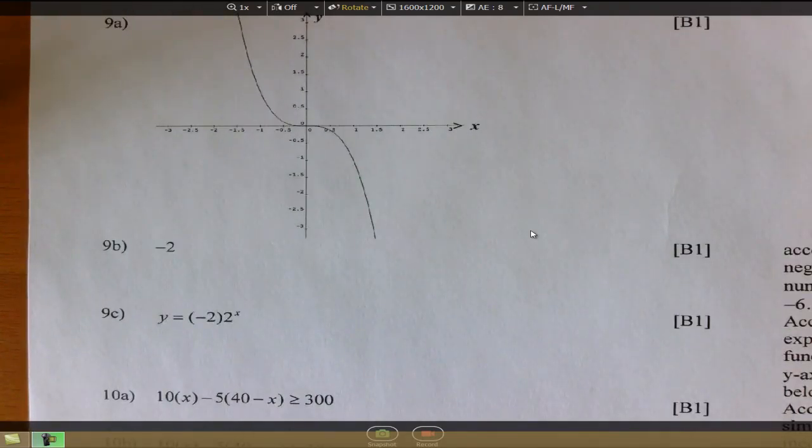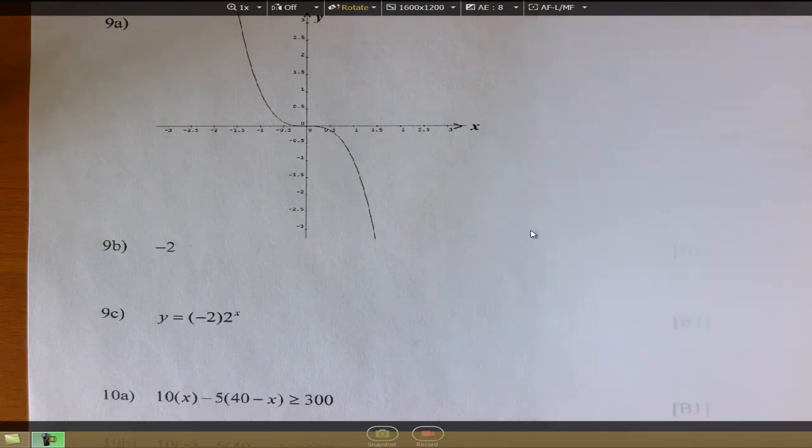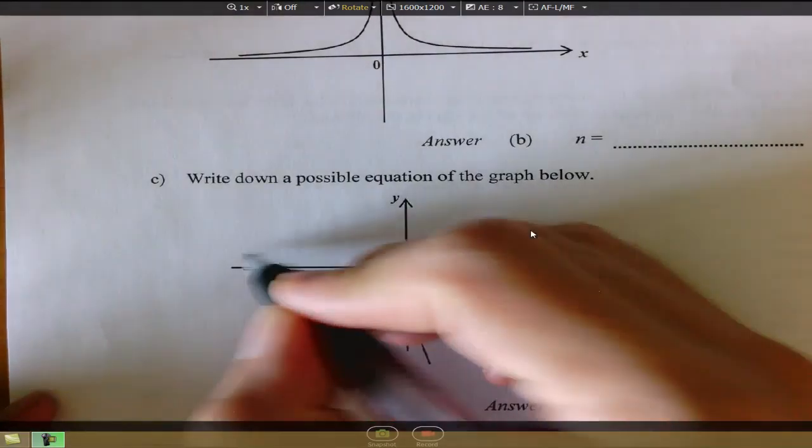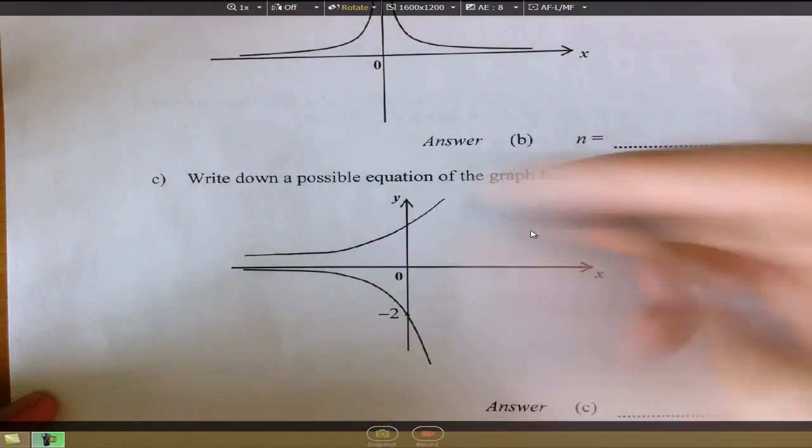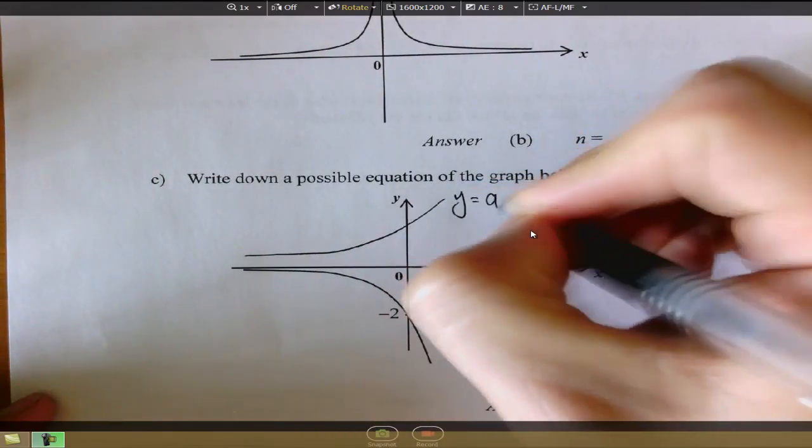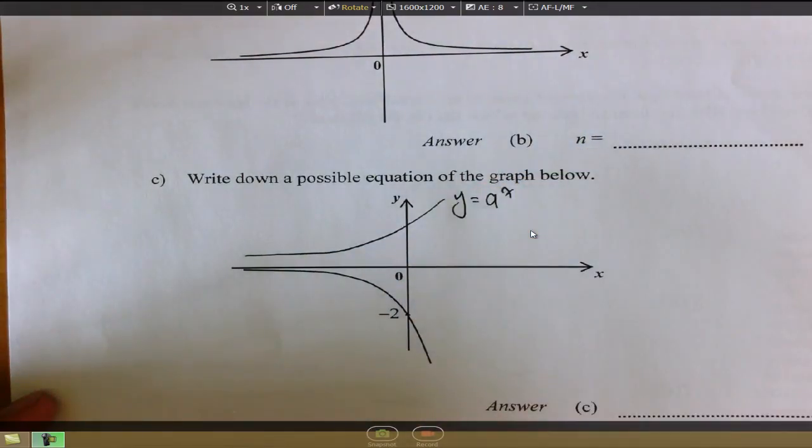And lastly, for part C, what we need to do is this: write down a possible equation for the graph below. So if you notice, this graph will give me y equals a to the power of x, where a can be anything.